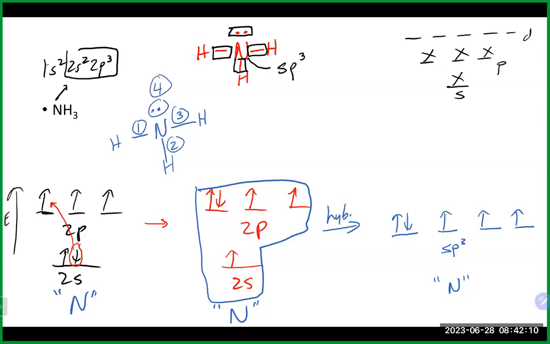We will make one bond between the hydrogen 1s orbital and an sp3 hybrid orbital in nitrogen, and that counts as bond number 1. Not drawn correctly in terms of energy, but I'm just throwing it up here for room's sake. We also have another hydrogen with a 1s orbital that can make a bond over here, and we'll call that bond number 2. Actually, maybe we should call that 3, but we'll call it 2. Why not?